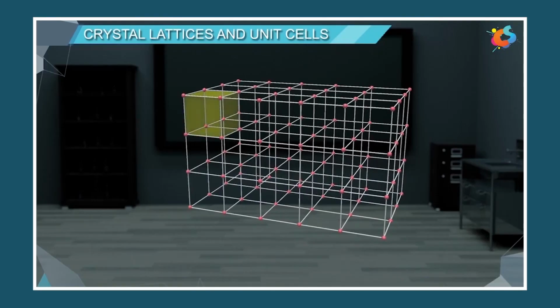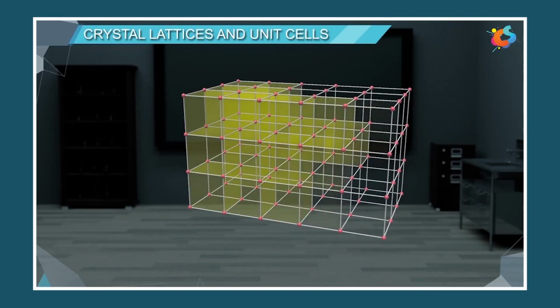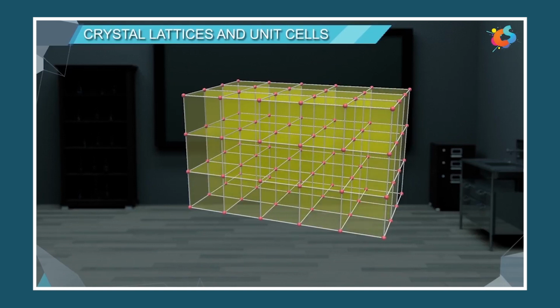Next, the lattice points are joined by straight lines to bring out the geometry of the lattice, and when we connect these straight lines, we get a three-dimensional view of the structure. This three-dimensional arrangement is called a crystal lattice, also known as Bravais lattices.